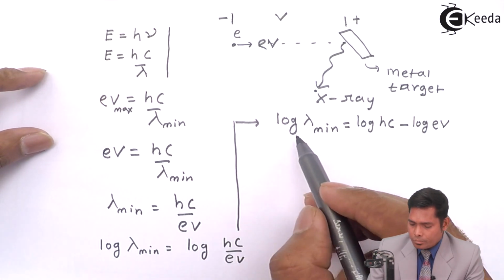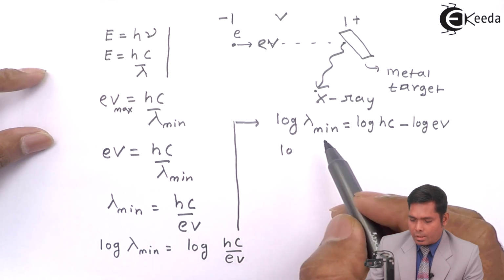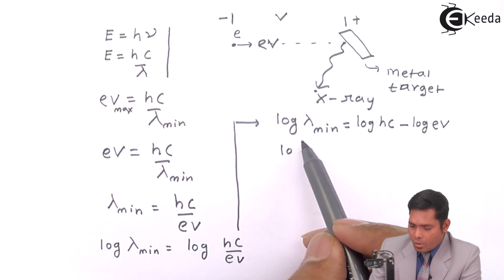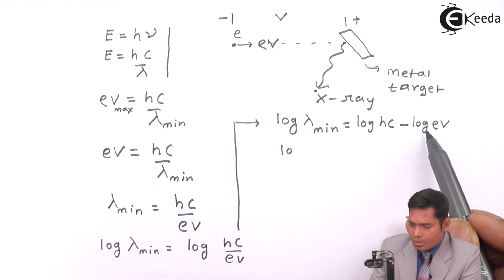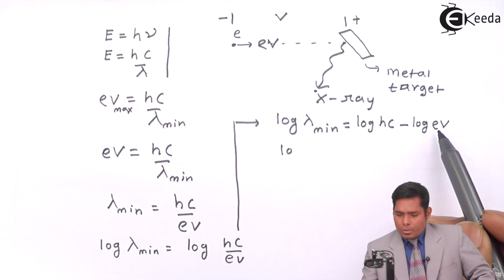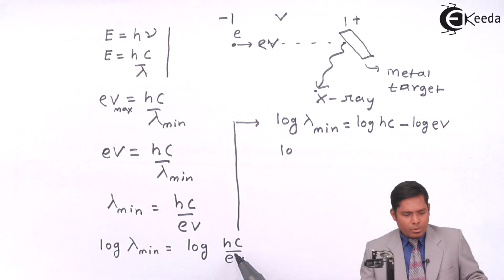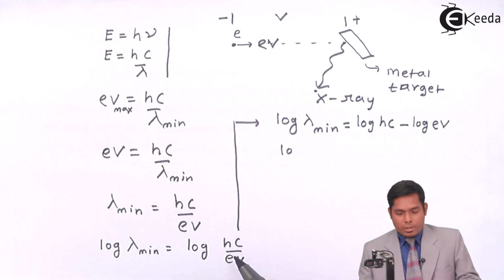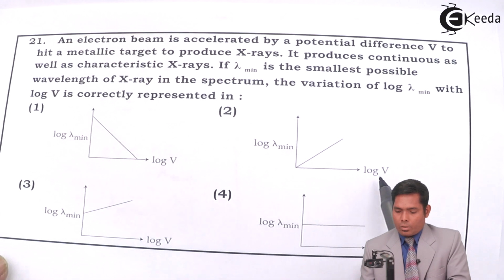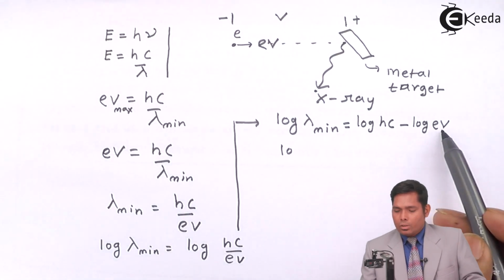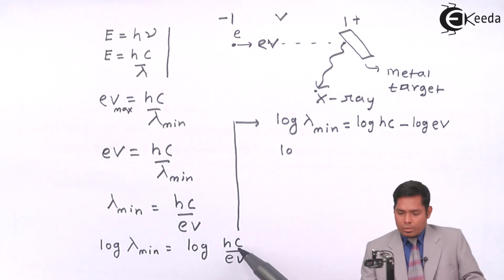Now you can see here log of lambda minimum and log of eV. I will keep hc by e together, because the question is to find the relation with log of V, not log of eV. So I should take hc by e as one value and V as another.